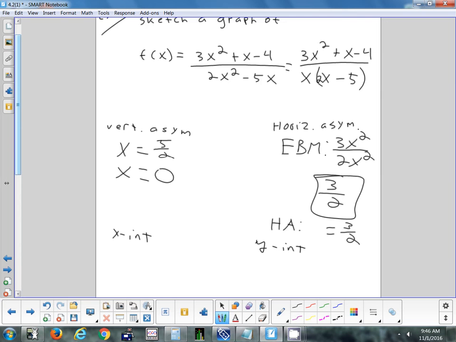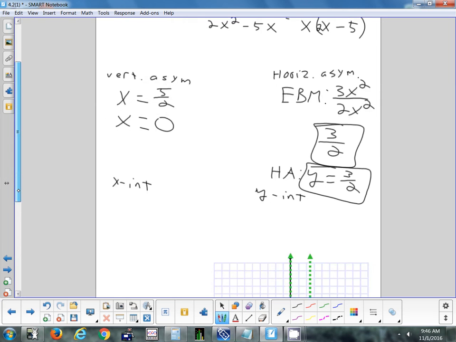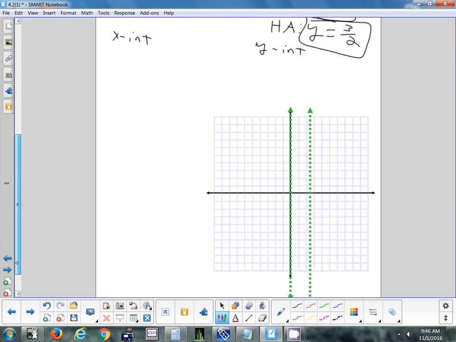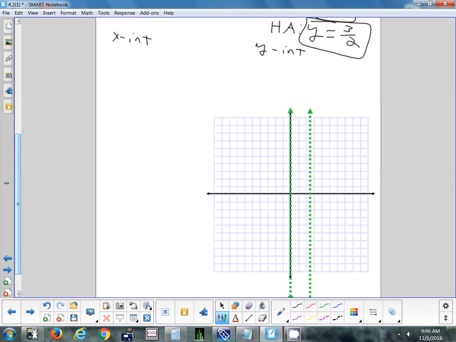And it's a horizontal, so what letter should I put? Y. Okay, so y equals 3/2. What is that as a decimal? About 1.5. This graph is going to look very similar to the last one. It's going to be in those three pieces.